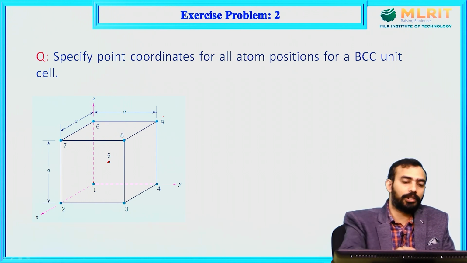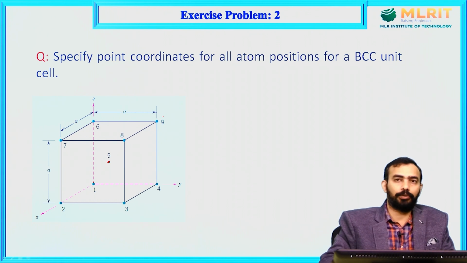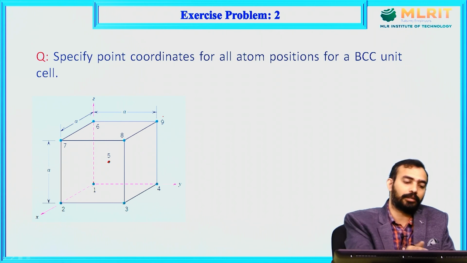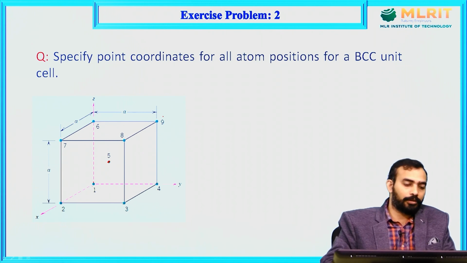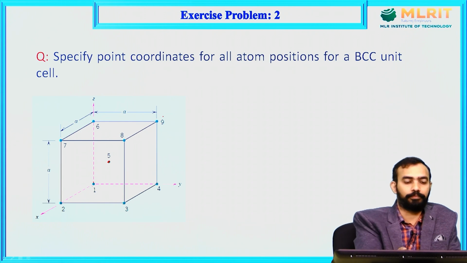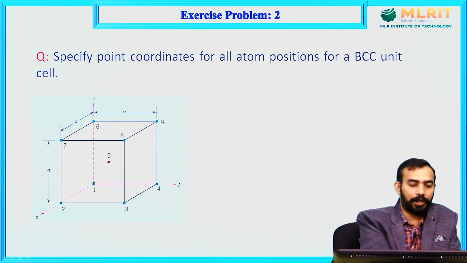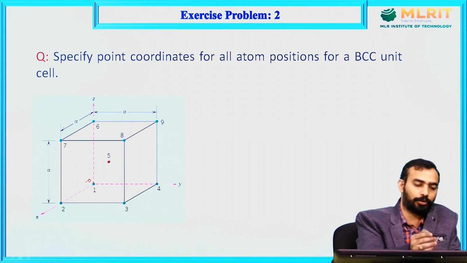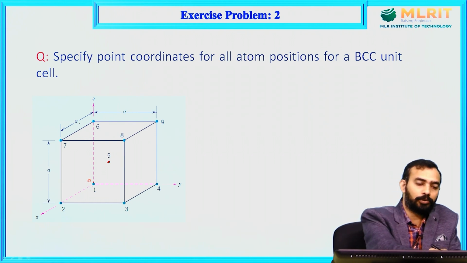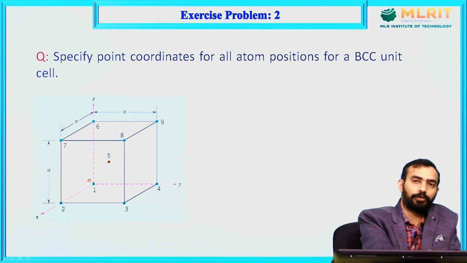For all these 9 atoms, we have to now provide point coordinates with respect to the x, y and z coordinate system. Let us start from atom 1. Point 1 is just at the origin. So at the origin, what will be the coordinates? The multiples of a will be 0, the multiple of y is also 0, and the multiple of z is also 0.